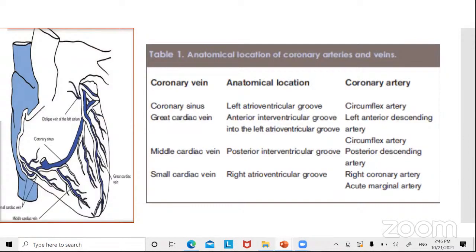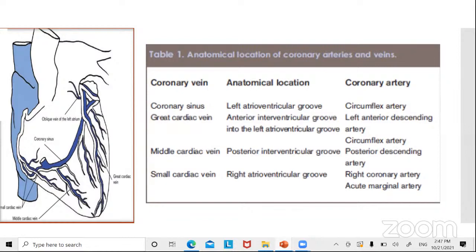Each coronary vein runs with a corresponding coronary artery. So the coronary sinus runs along the left atrioventricular groove in the posterior side of the heart, along with the left circumflex artery. The great cardiac vein runs in the anterior interventricular groove into the left atrioventricular groove, along with the LAD and the left circumflex artery.